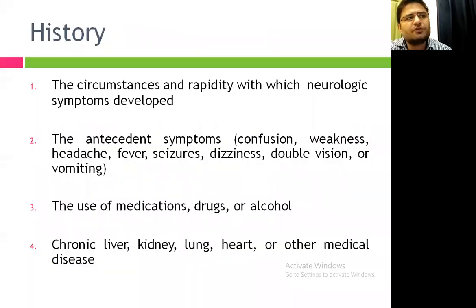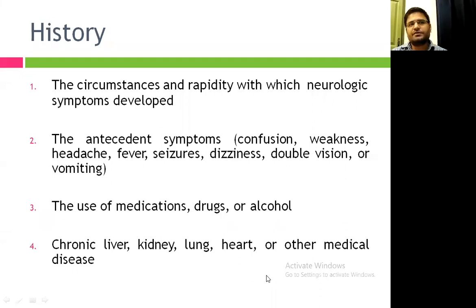So how to approach first? History is very important to reach the diagnosis. What history would you like to ask from the patients or the attendants? First, the circumstances and rapidity, because a sudden onset of neurological deficit or sudden onset of unconsciousness will usually lead to rapid action in the ER.